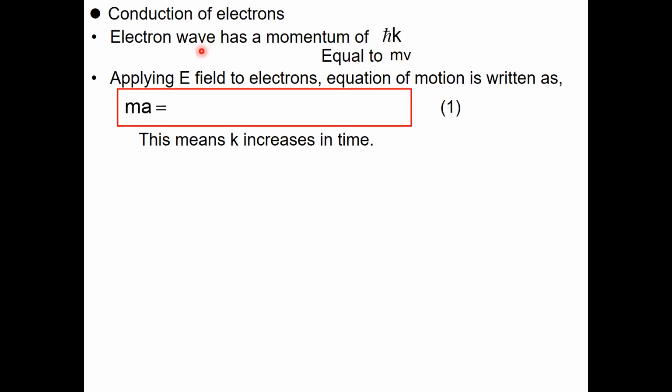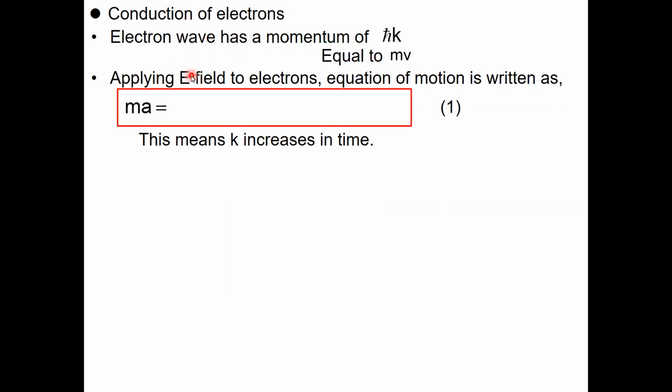And then here we are going to think about the electron wave with a momentum of h bar k, which corresponds to the wave vector of m times v for a single electron.